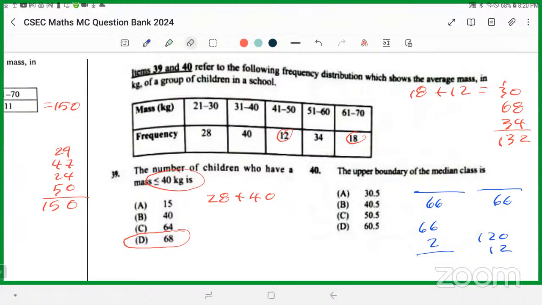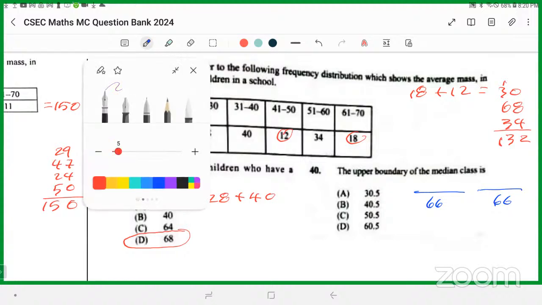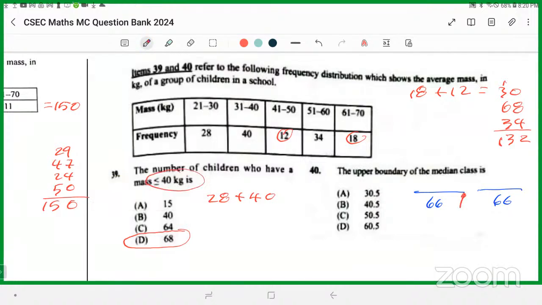So you're looking for the last of this group, which is the 66th score, and the first of this one is the 67th. So you're going to count up here until you reach that.